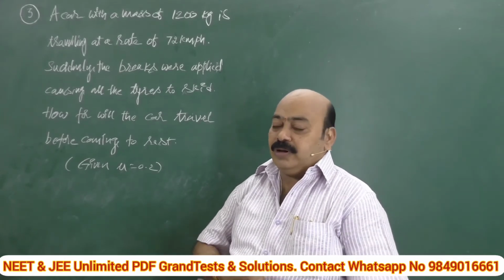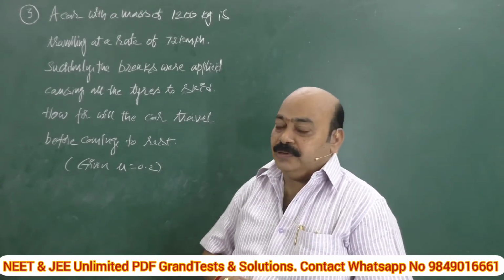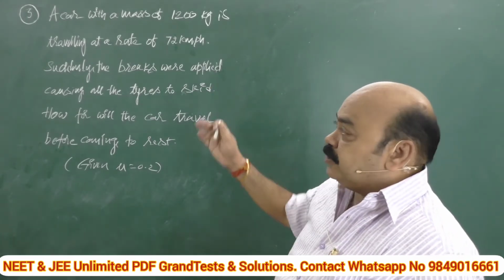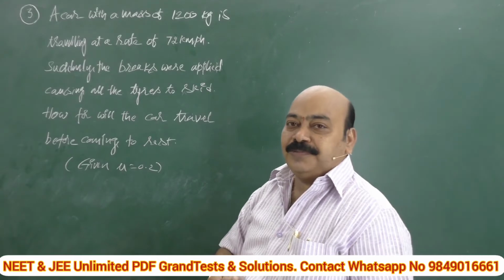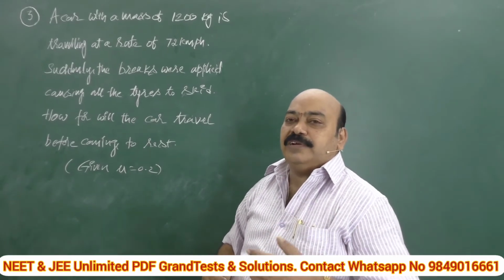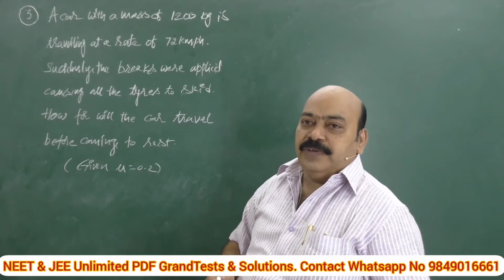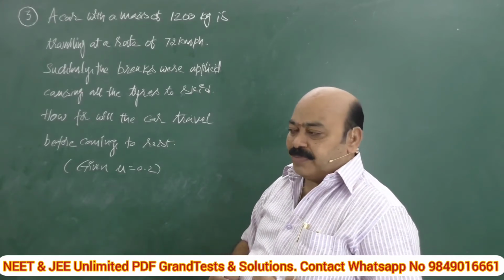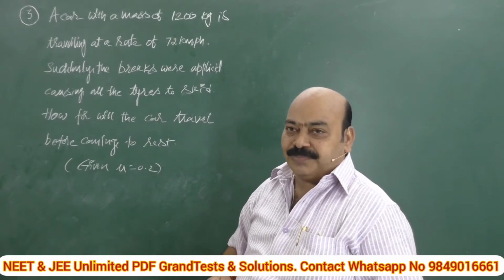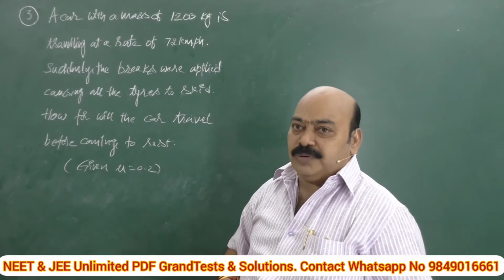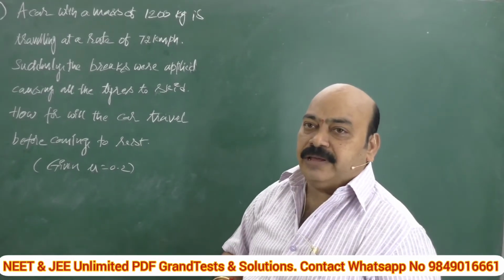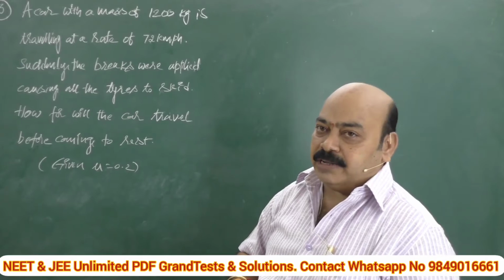Here, one more case for you, one more different situation. Here, the problem is collaborated with kinematics. Kinematics means mostly the equations V is equal to U plus AT, S is equal to ut plus half at square, v square minus u square is equal to 2as. Such equations are called equations of motion, strictly under the heading of kinematics.